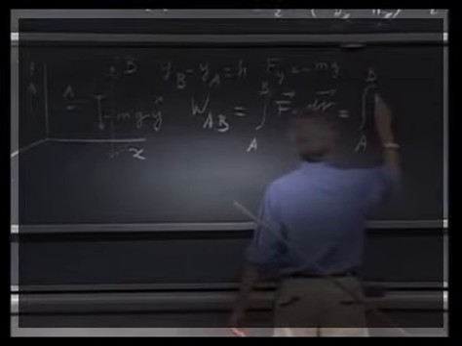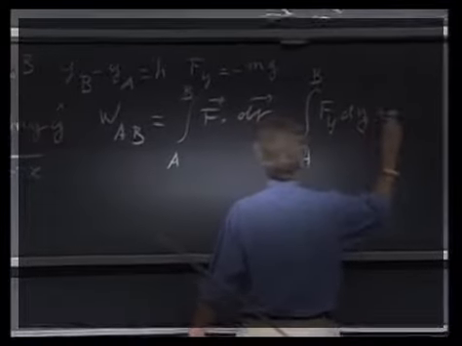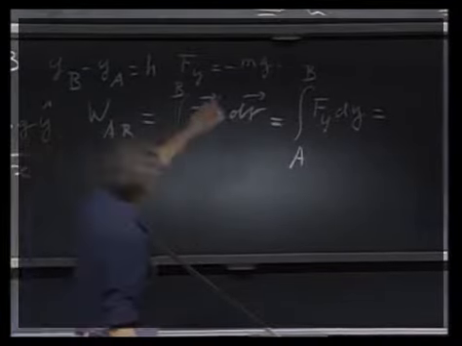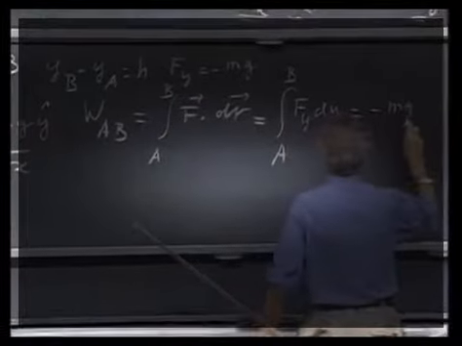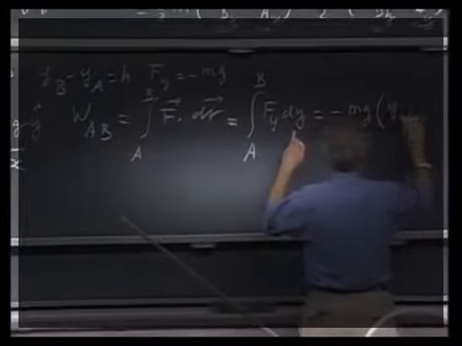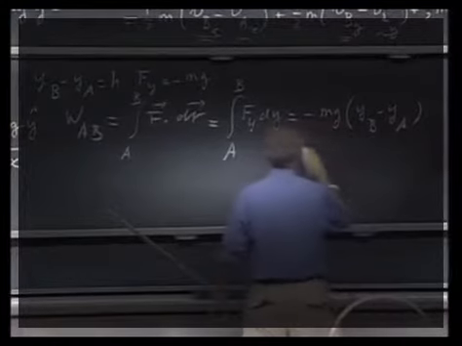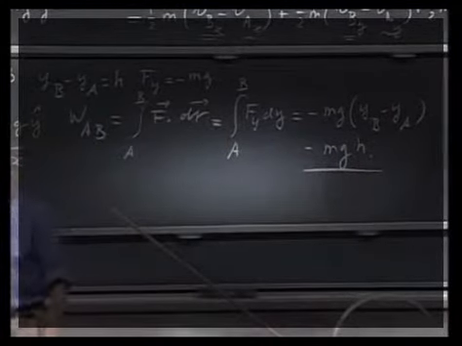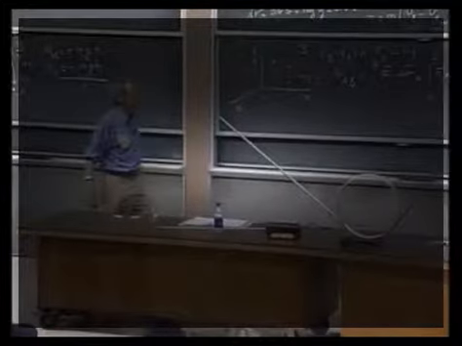So it is the integral from A to B of f y dy. And that equals minus mg times y of B minus y of A, so that is minus mg times h. And what you see here is that it is completely independent of the path that I have chosen.